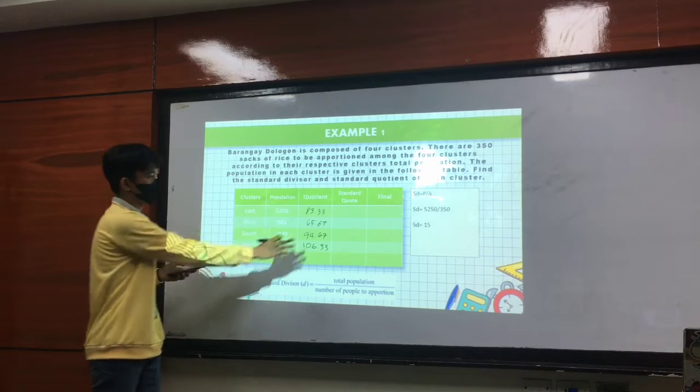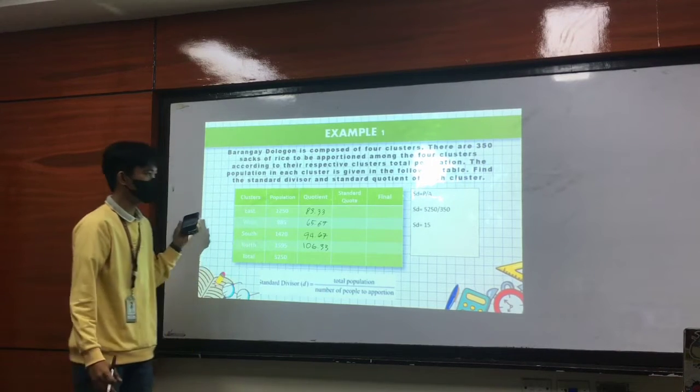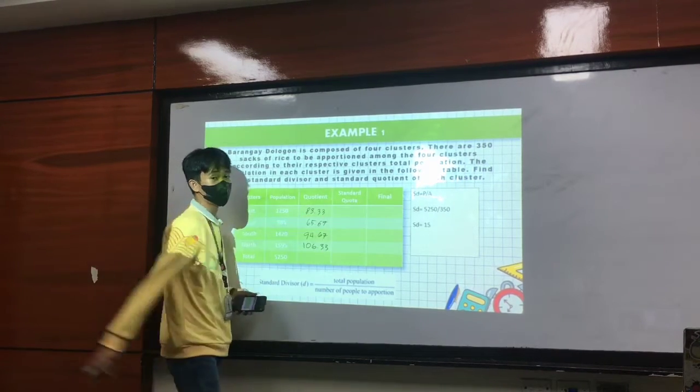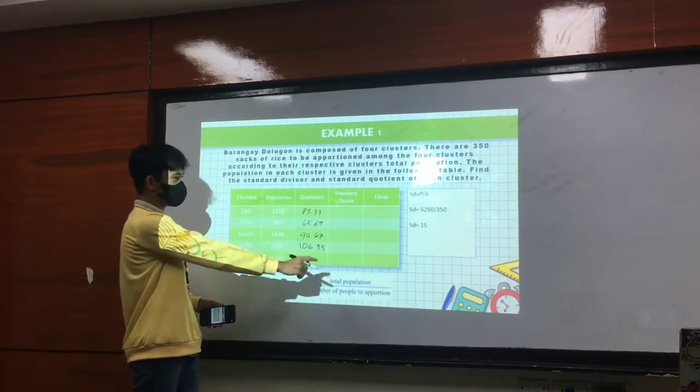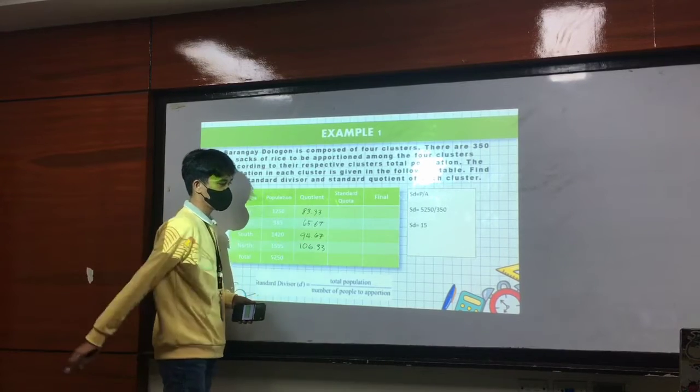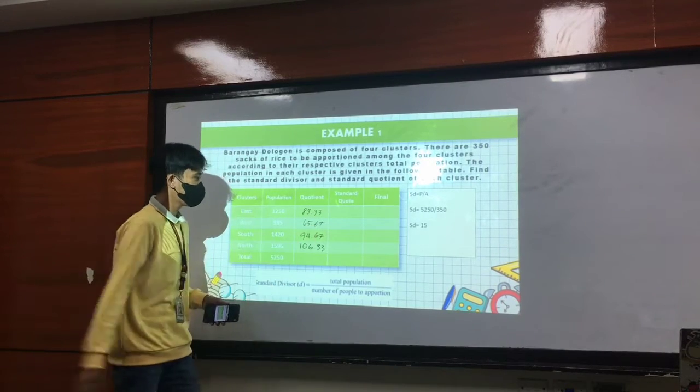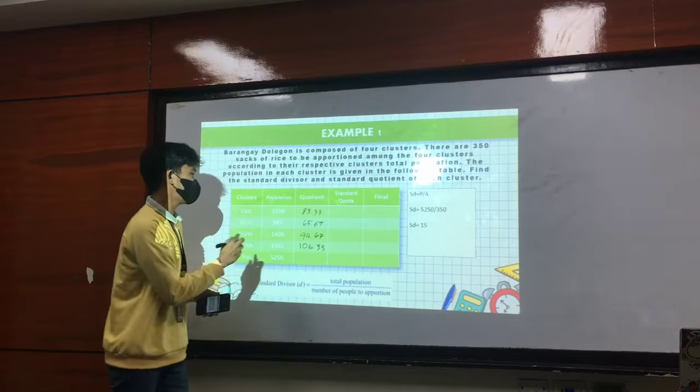So we have here our quotient in each cluster. So we need to find our standard quota. To find our standard quota, we have to remove the decimal part in our quotient. So in cluster east we have 83.